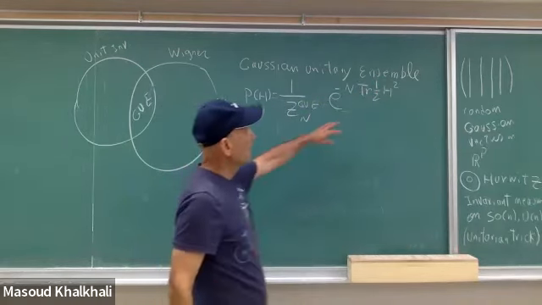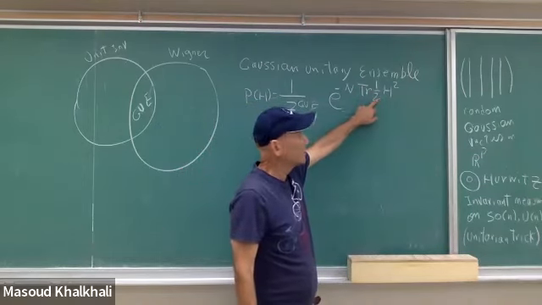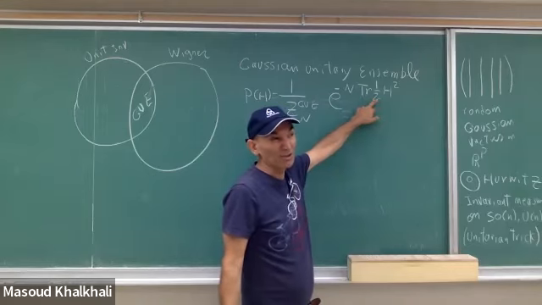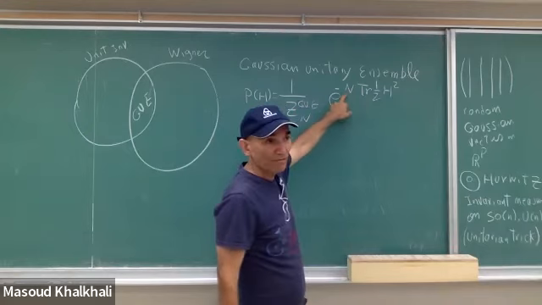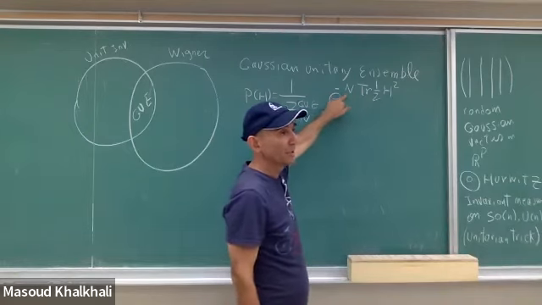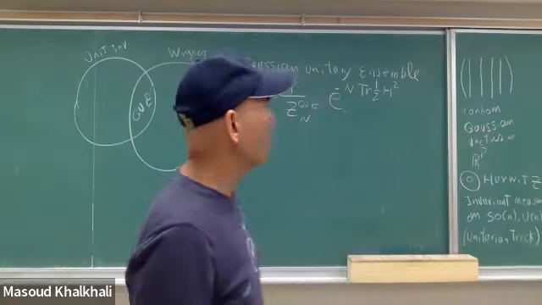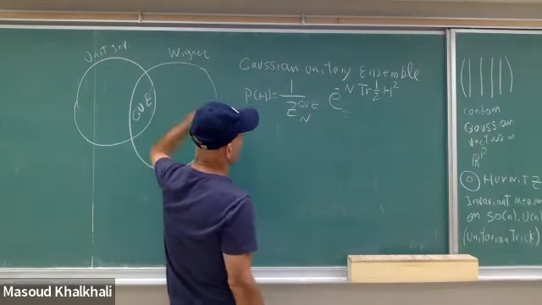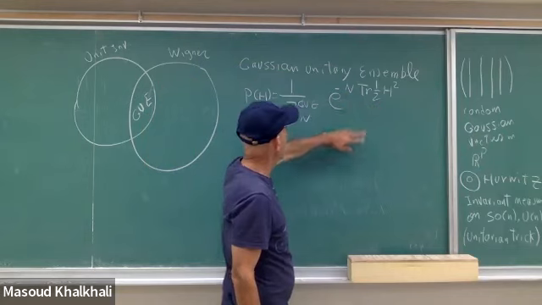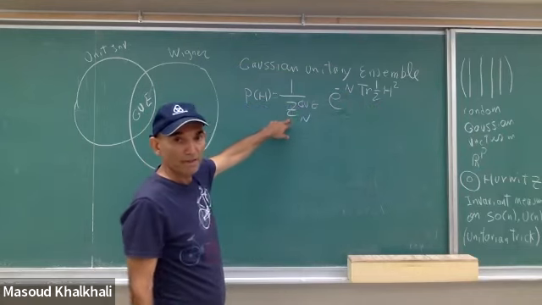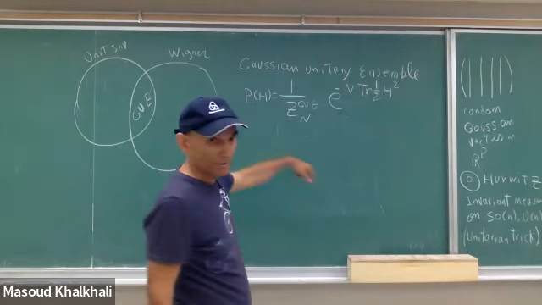Notice the Gaussianity is in the fact that it just has this quadratic polynomial, in this case just H squared, or x squared. And this n is a very important factor. I cannot explain why it's a good idea to put it here, but it has to do with scaling issues. If you don't do that, you have to do rescaling later on, but it's a very good idea to put it there. This 1/2 is also important, but it is a normalization constant as well. So this is the famous Gaussian unitary ensemble.